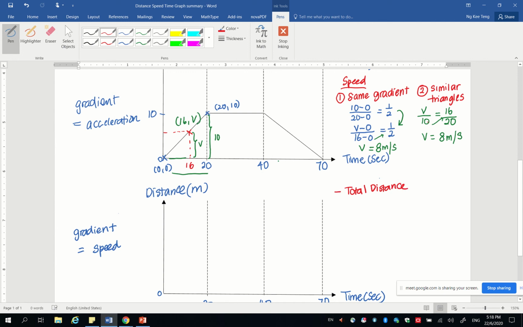Then we decide how to draw the graph: a smiley face curve for acceleration, a sad face curve for deceleration, and a straight line for constant speed.